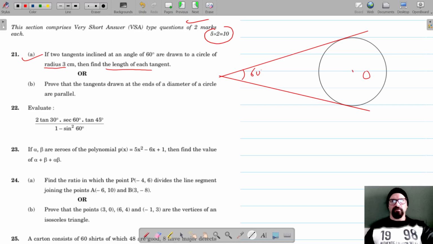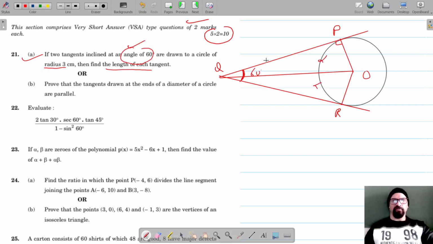Let's draw the radius to the point of contact and join O to the external point. Okay, so they are inclined at an angle of 60 degrees.